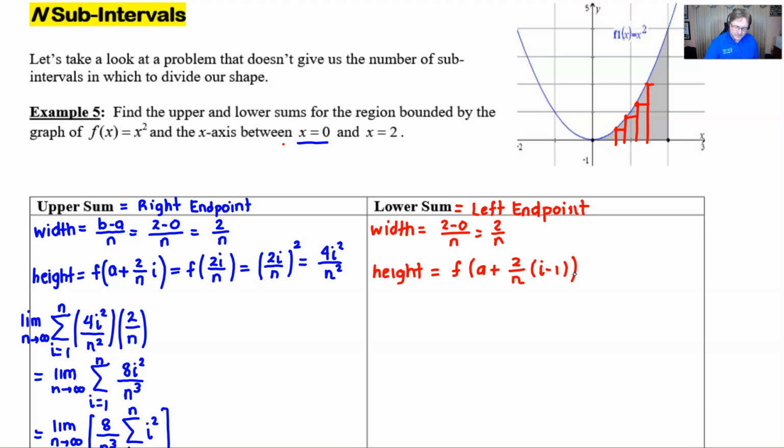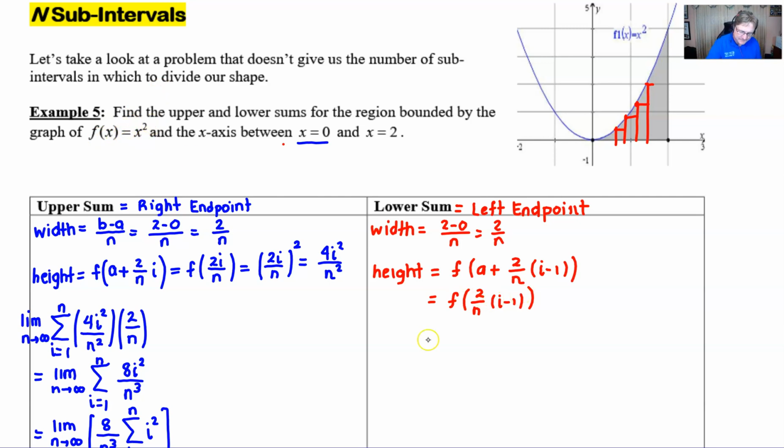Now the problem with this is, yes, we do know that a is 0. That's wonderful. But this 2 over n times I quantity minus 1 is a bit, shall we say, more inconvenient, for lack of a better word. Because if this is what we have left, we're going to have to plug that in for this x, and we have to square all that stuff.